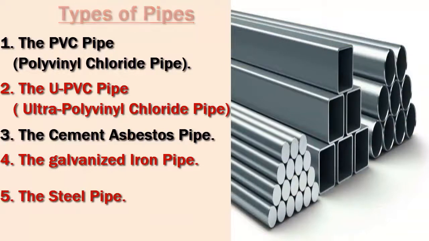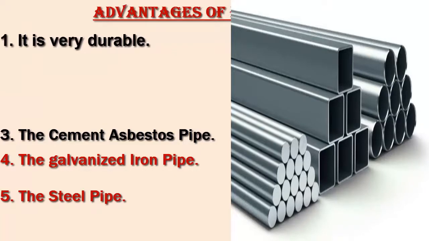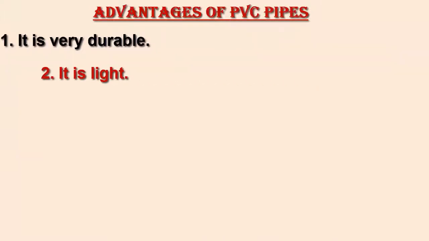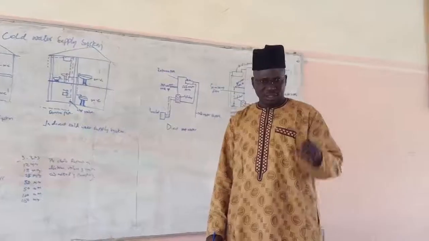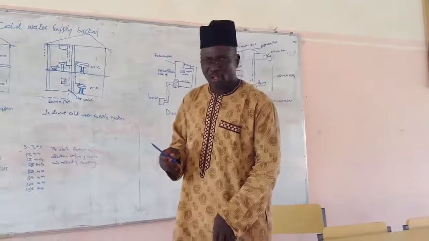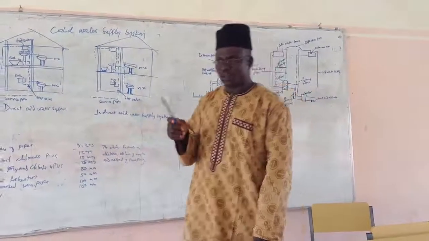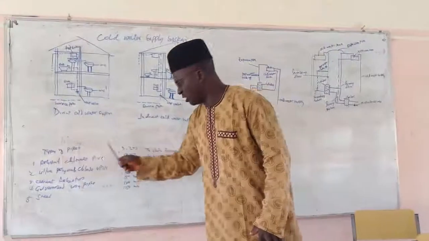The advantages of this PVC pipe: one, it is very durable, it is light, not as heavy, and also it is not corrosive. So in the designs of water supply, we must avoid anything corrosive. Anything that is corroded must not be used for piping. That is why today in our water distribution piping systems we use more PVC material.